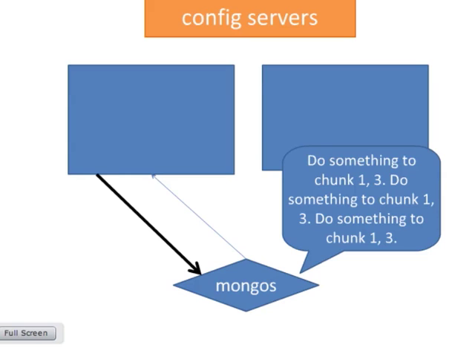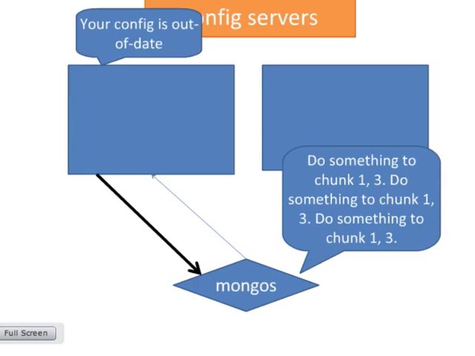So what we do is we set up a write back listener. You might have seen this in the logs if you've run sharding. It's this special connection that just stays open between the MongoS and the shard, and it listens for MongoS out-of-date errors. If any of those are detected, it'll send back an error right away to the MongoS, and the MongoS will be like, whoa, I'm out of date, oh, stop sending things.